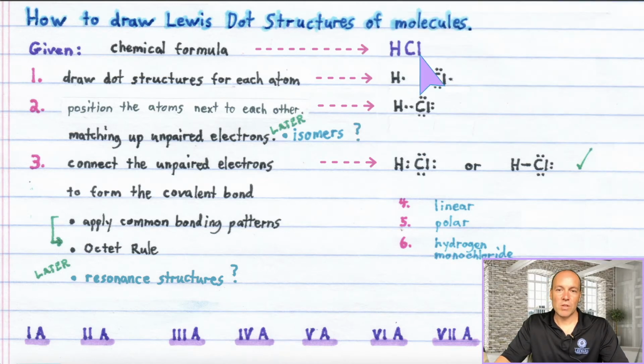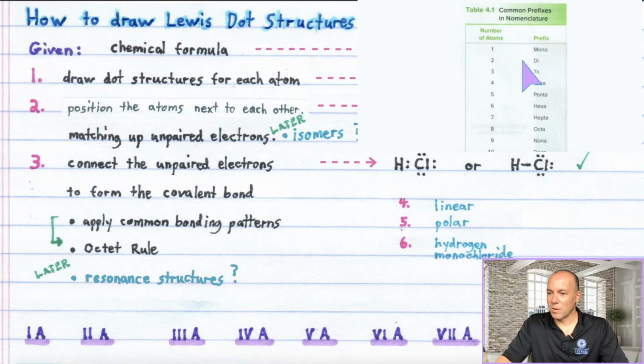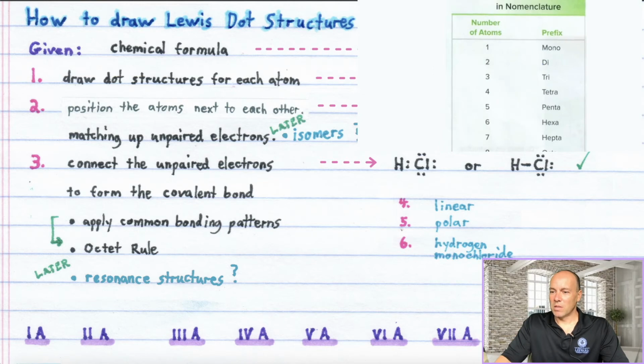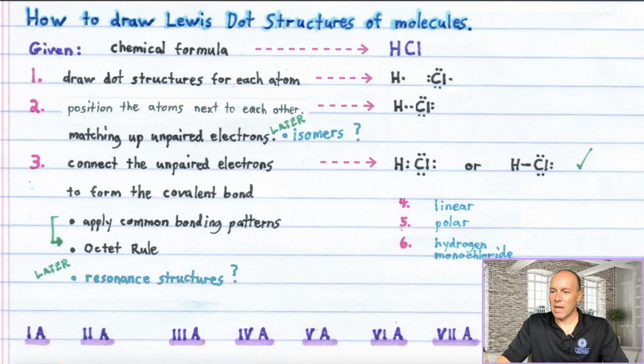You have HCl, 1 hydrogen, 1 chlorine. And so you go to the table and you find the prefix for 1, and it's mono. You know, 2 is di, 3 is tri, etc. But here, of both of the elements, there is just one. And so the prefix is mono. And the way you name it is you have 1 hydrogen, so that's monohydrogen, and then monochlorine.